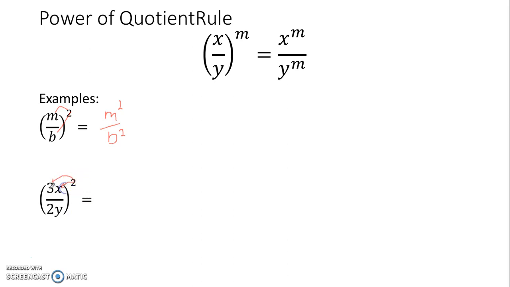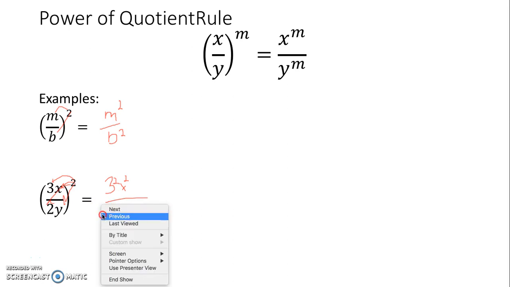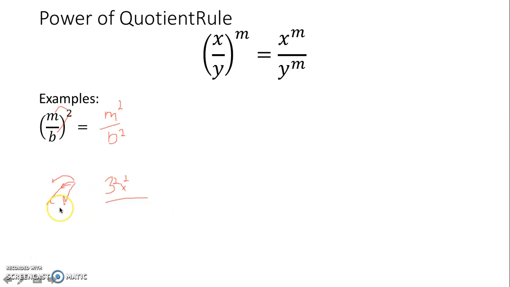All right, our next one is 3x squared divided by 2y, so we have to distribute to everything: 3 squared, x squared, and then 2 squared, y squared. I know that looks kind of silly, so let's write it out. We have 3 squared x squared over 2 squared y squared.